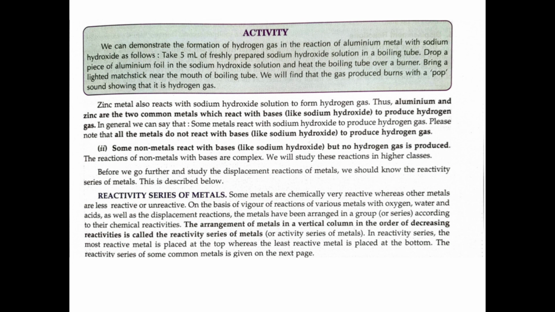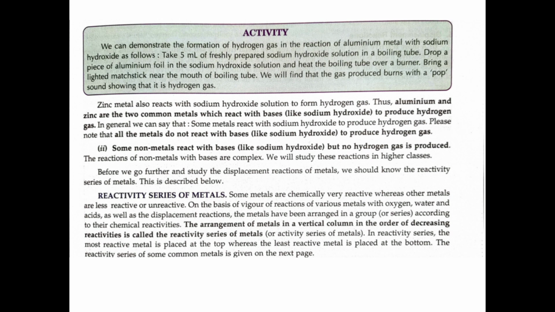In general we can say that some metals react with sodium hydroxide to produce hydrogen gas. Please note that not all metals react with bases. Only some metals, like aluminum and zinc, react with bases to give hydrogen gas and salt. Most metals do not react with bases.